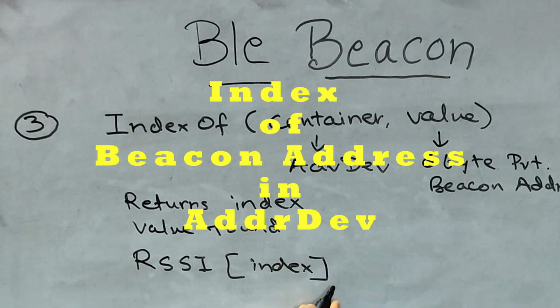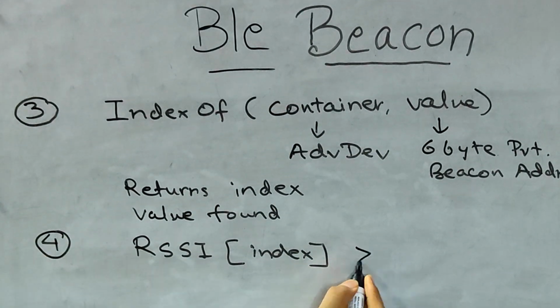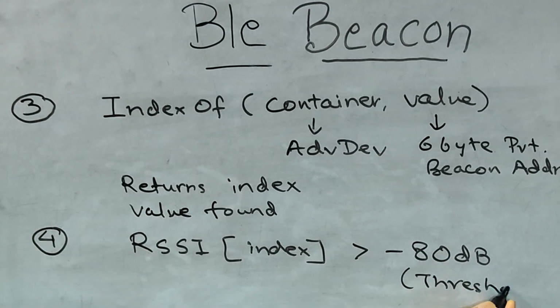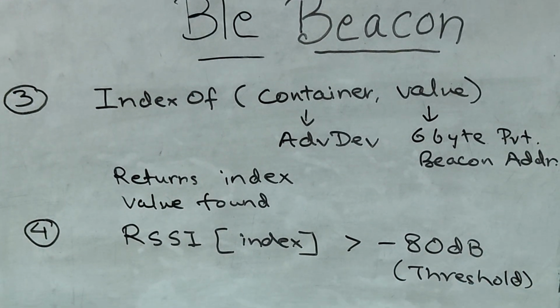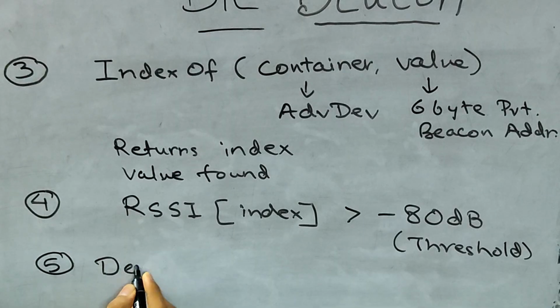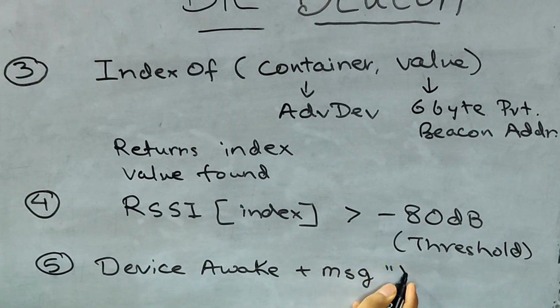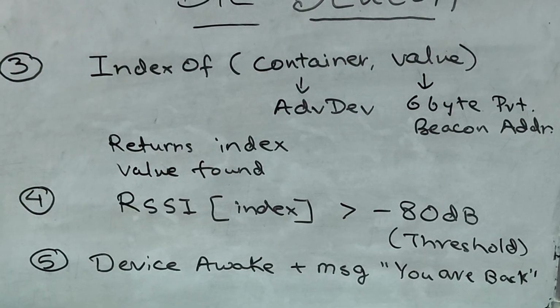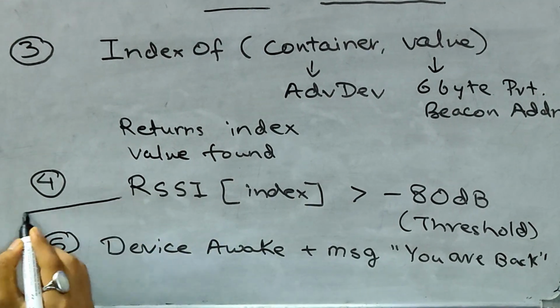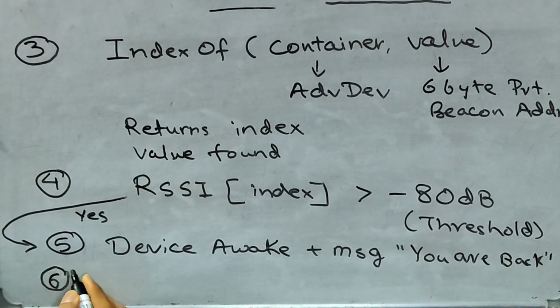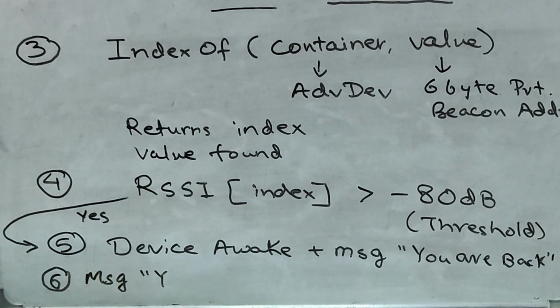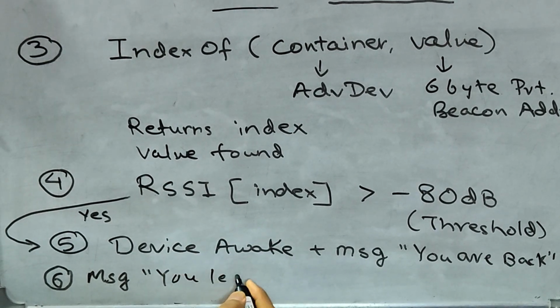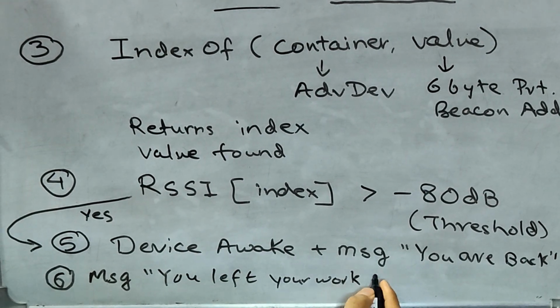If RSSI is found to be above the minus 80 dB threshold mark, we keep the screen awake and also show a notification message, you are back. If, however, the RSSI value is below the threshold of minus 80 dB, we display the message, you left your workplace, and then later on lock our device.